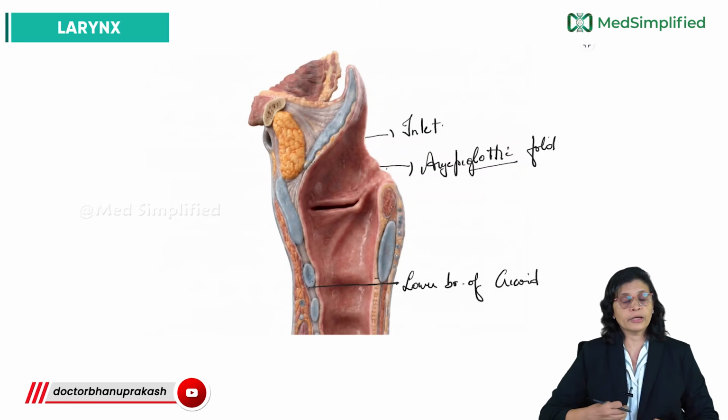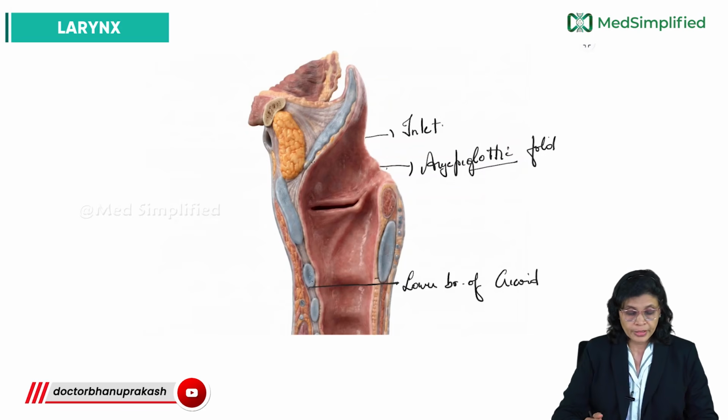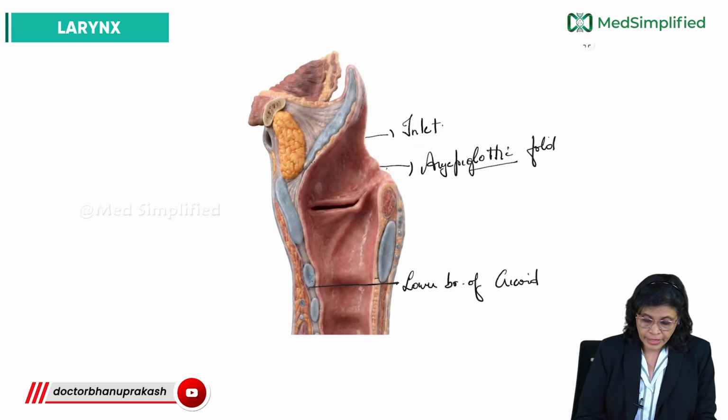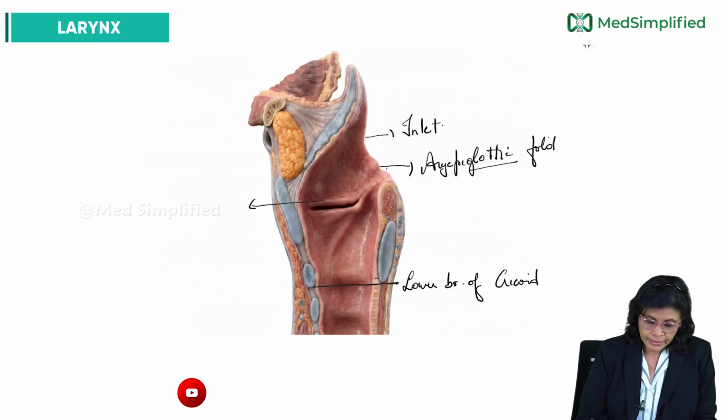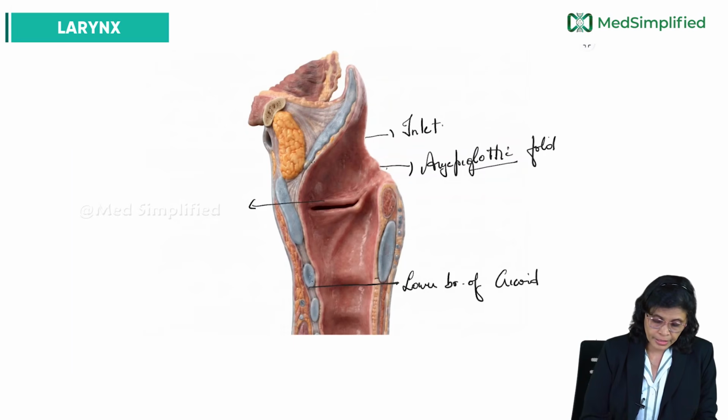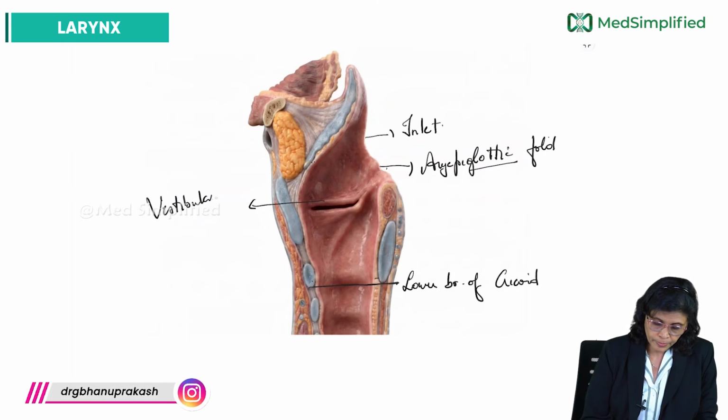When we studied about the membranes, I told you we have the vestibular ligament. This vestibular ligament covered by the mucous membrane becomes the vestibular fold. We call this the false vocal cords.